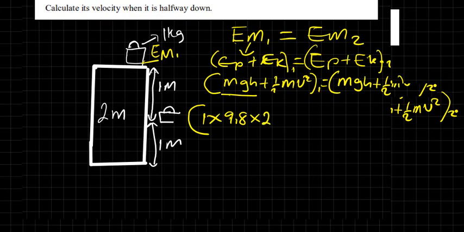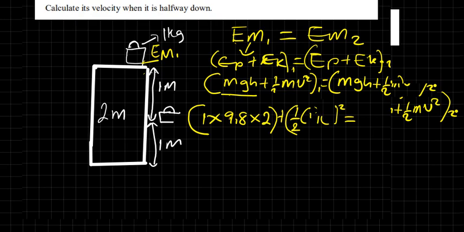The height above the ground is 2. Now plus half of the mass, which is 1, times the velocity, which is 0. Now we're going to equate it to the mechanical energy at position 2.